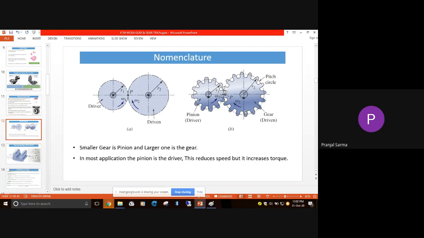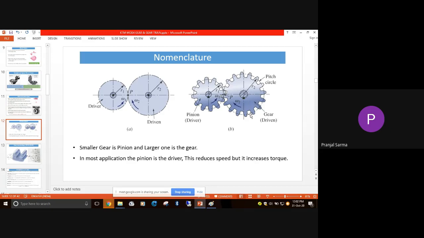Whenever we are ascending a hill, or from the stop position we have to move the vehicle, initially we require more torque. In that case, you know that generally we say you drive your car in the first gear or second gear. So we say like that, right?